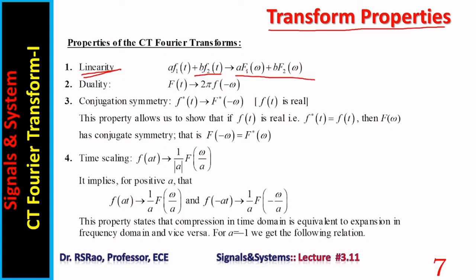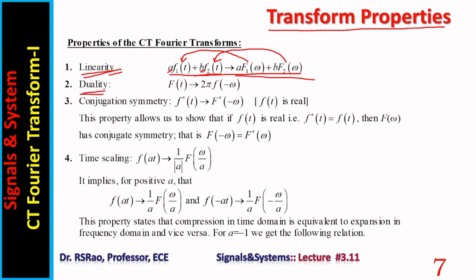Notice F1 of omega is the Fourier transform of f1 of t, and F2 of omega is the Fourier transform of f2 of t. A and B are constants. So the linearity property is mentioned through this mathematical relation.